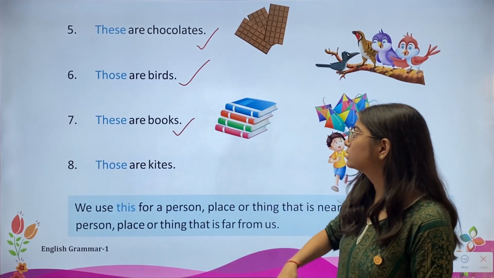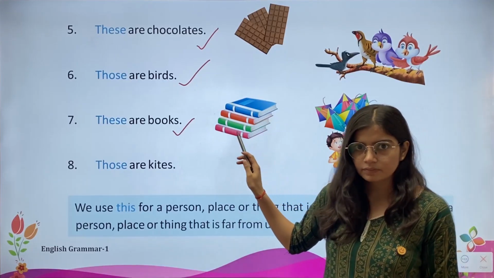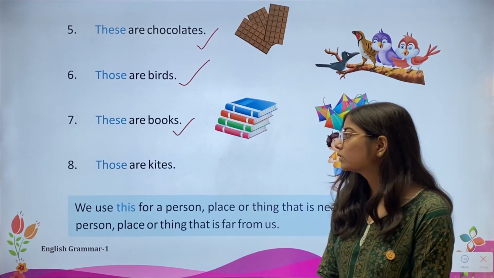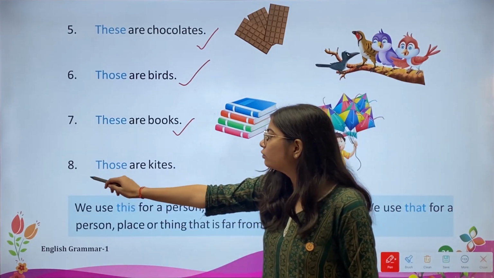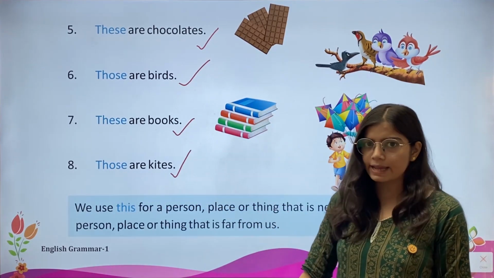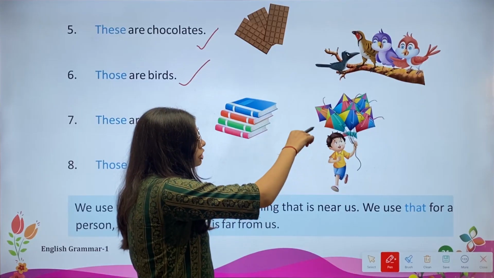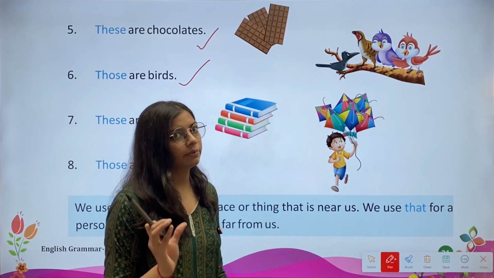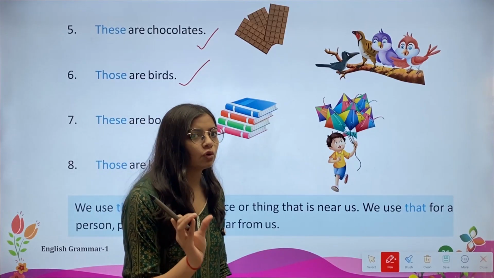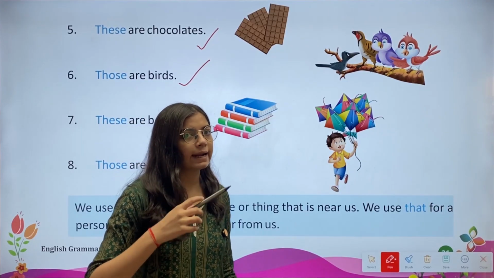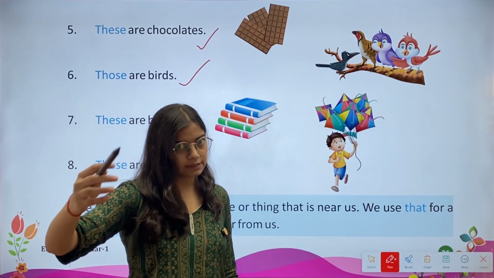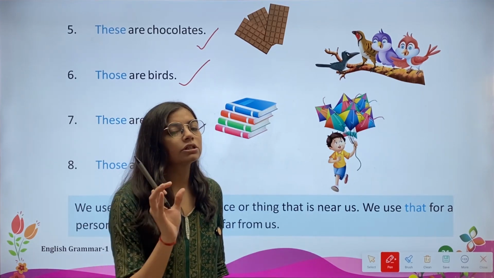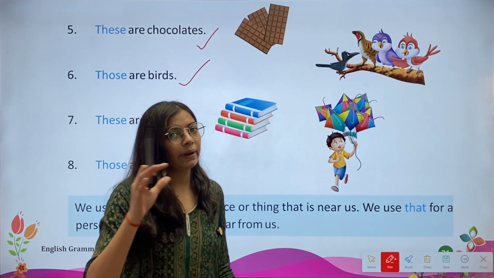These are books. Here you can see these are the books. Okay. Then we have the eighth one. Those are kites. Here you can see the child is holding so many kites. Again, remember this. We use those for the things that are far away from us and when we talk about plural things or many things.